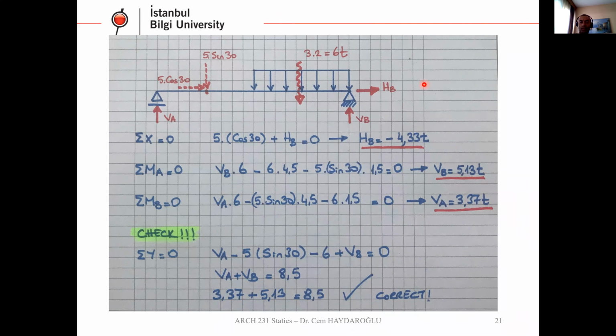So 5 cosine 30 plus HB equals 0. If we solve this equation, we get HB equals minus 4.33. Minus means my assumed direction is negative, so HB in actual direction goes to the left-hand side. But no worries, this calculation is correct, so I have a minus here.